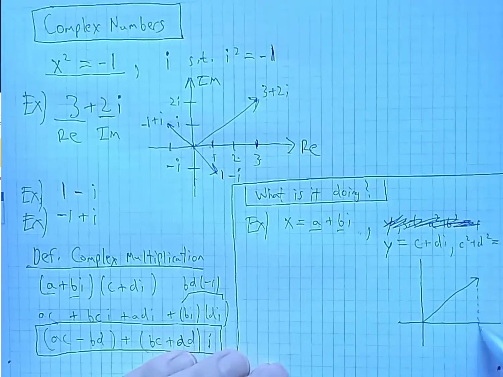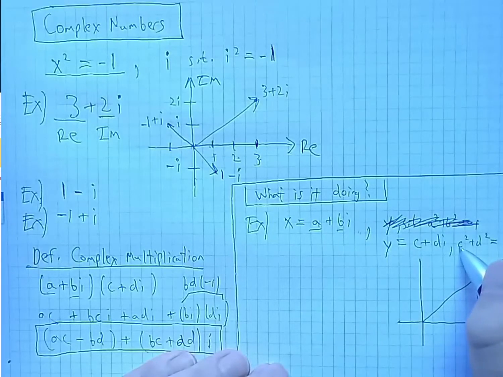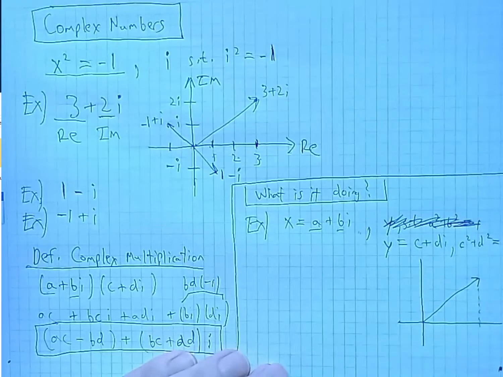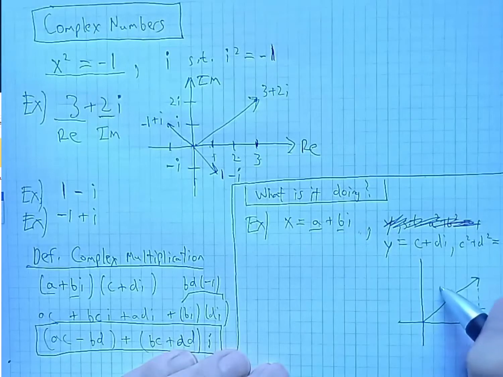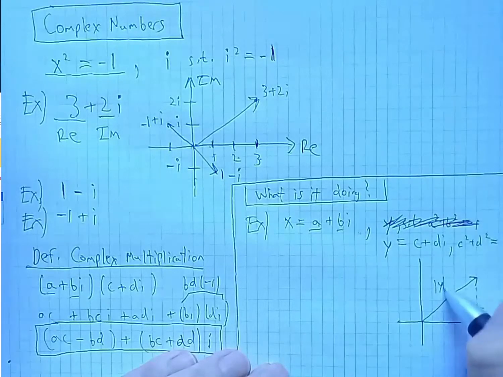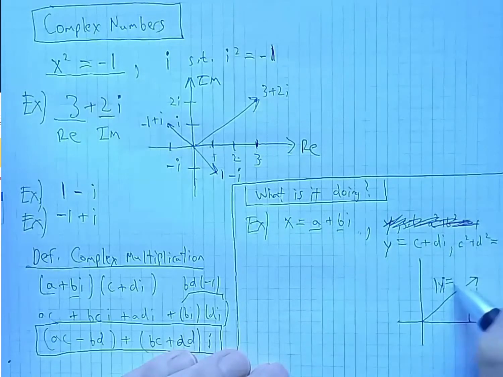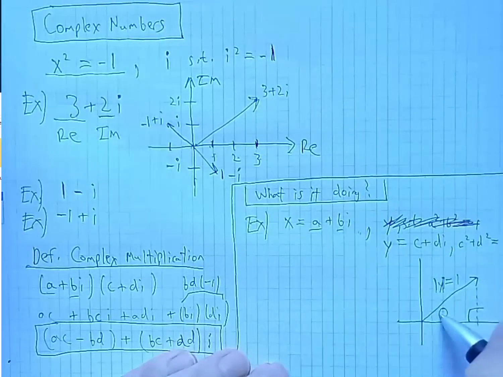So that's what it means for the square of the real component plus the square of the imaginary component to be 1. Another way of saying that is that the magnitude of y is 1, if we're thinking about it as a vector.